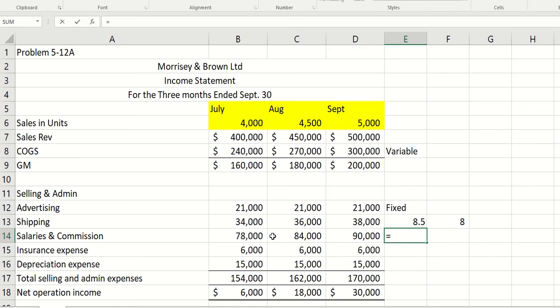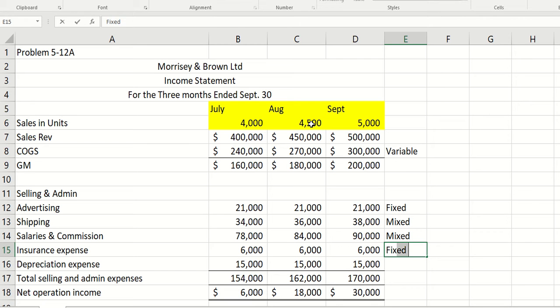The next one, we can try this one: 78,000 divided by the number of units to get it on a per unit basis. It costs me 19.5. Over here, it costs me 19. So again, this is not fixed and this is not variable. This must be mixed.